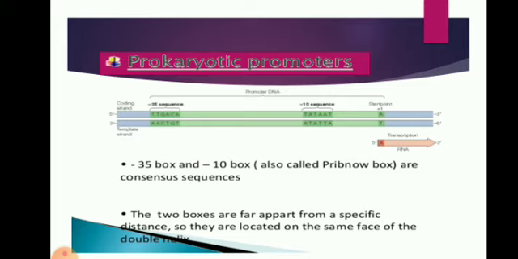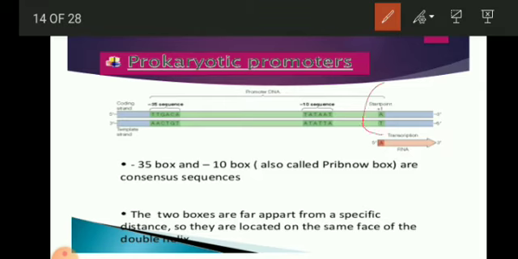If we talk about the prokaryotic promoter, you can see here the promoter. This is the site from where it will start transcription towards the 3 prime end. So from here, that is the -10 sequence, called the TATA box, and here is -35, the -35 sequence.